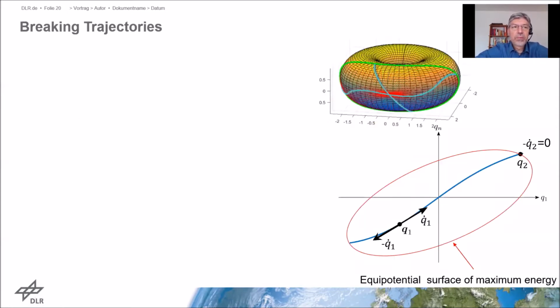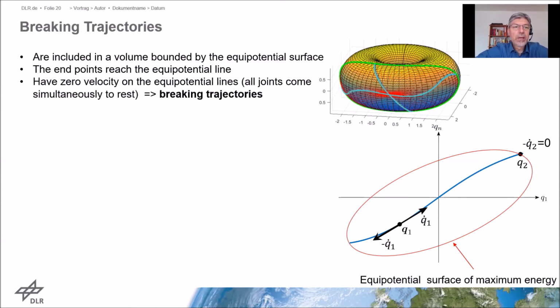Let me give you some details about how brake trajectories are defined. They are included in a volume bounded by the equipotential surface. So we talk again still about conservative systems. And because these trajectories have a line topology, they have to retrace themselves. So they are rest-to-rest motions, and that's why they are called brake trajectories.